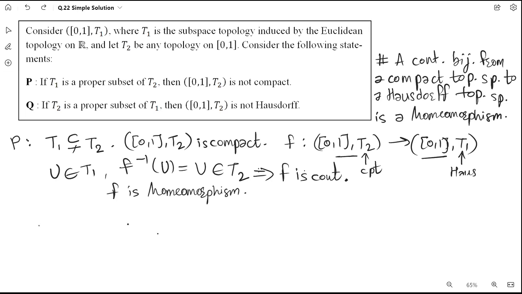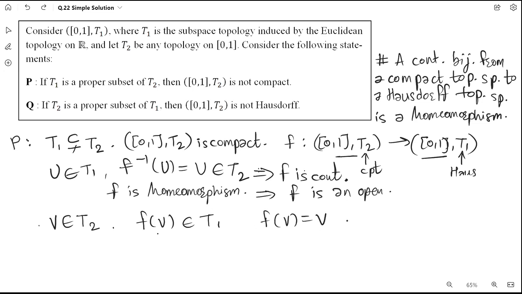Now let V be an element of T2. Now F is a homeomorphism, it means F is an open map. So V belongs to T2 is open, so F of V belongs to T1. So F of V is open in the codomain. But F of V is equal to V. So it means V belongs to T1.